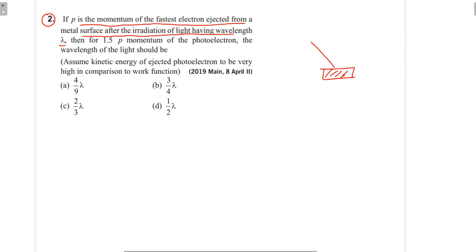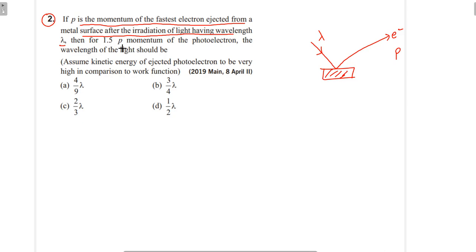Here one light is falling and an electron is ejected. This ejected electron momentum is P. This light or ray wavelength is lambda.